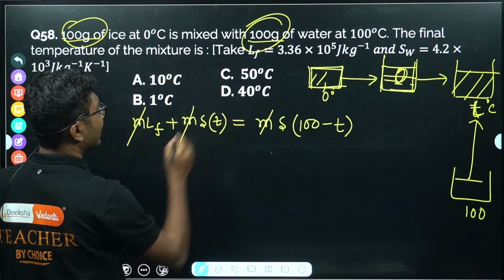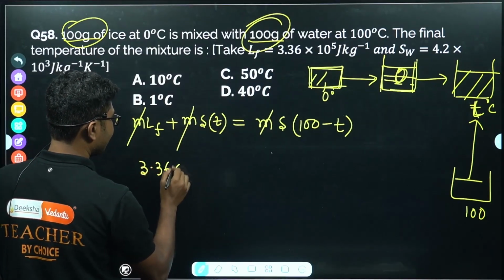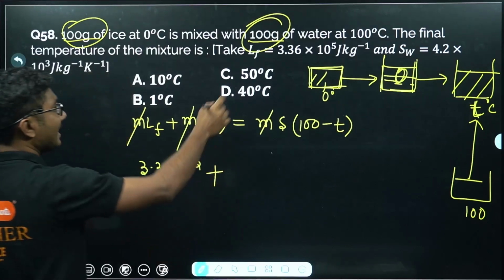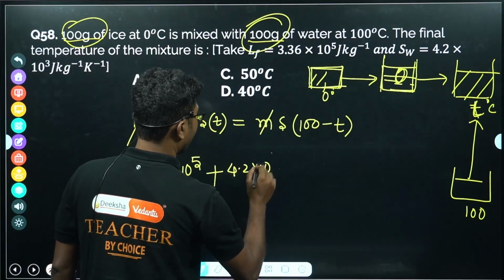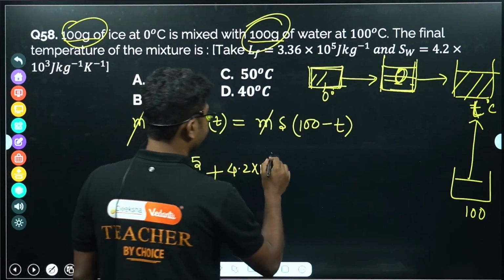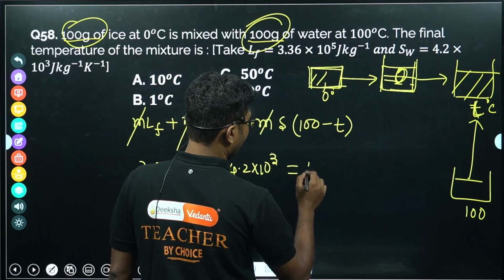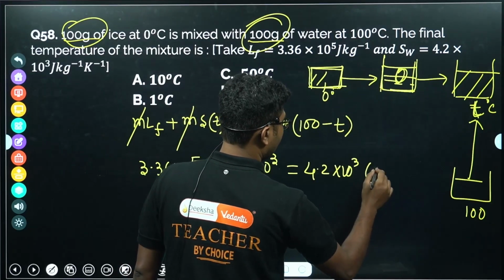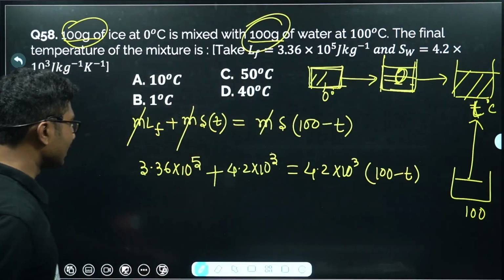Now, LF is given as 3.36 times 10 to the power of 5, plus s is given as 4.2 times 10 to the power of 3 times T, equals s again, 4.2 times 10 to the power of 3 times (100 minus T). Now, let me simplify this a little bit.